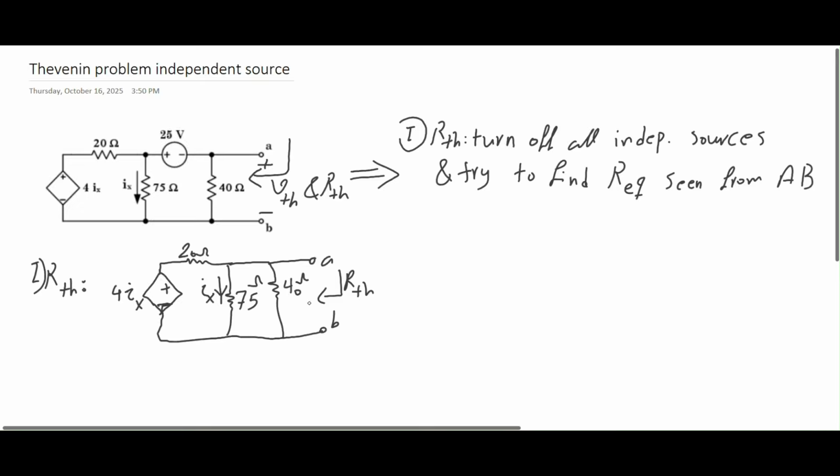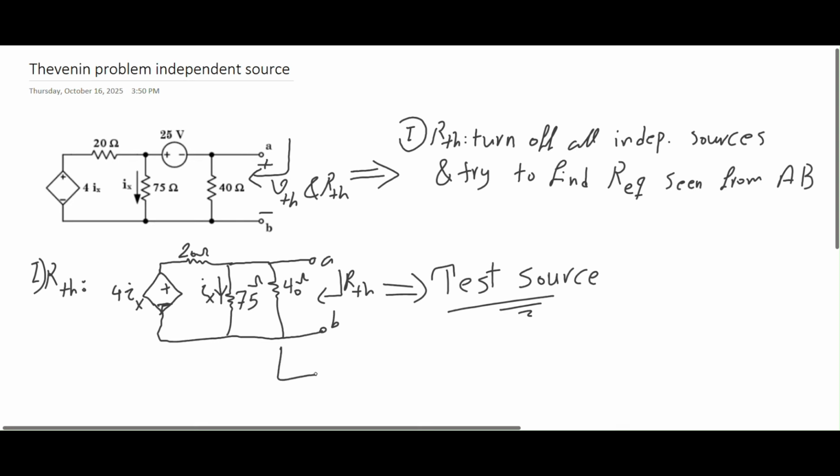The method that we should use in such circuits is a test circuit, or I can define it as a test source. What is a test source? Let's say that I want to substitute all these circuits here.